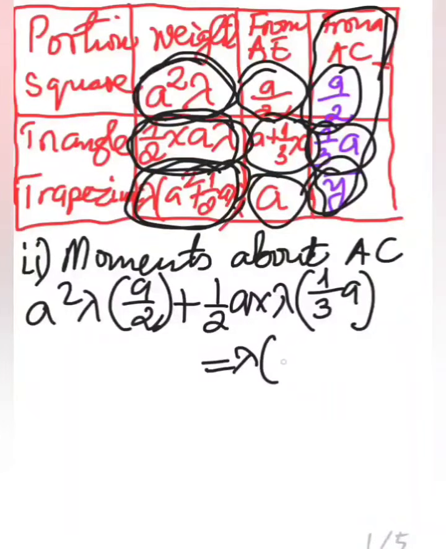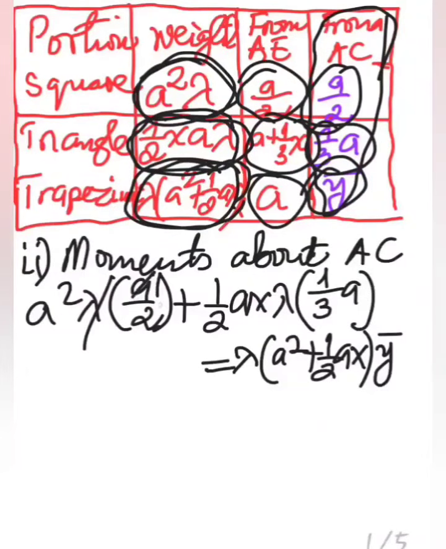So lambda into a squared plus half ax, the weight of the composite lamina, times the distance of the composite lamina from AC, which is denoted as y bar. We have lambda a to cancel in all the terms, so lambda cancels here, a cancels to give 1 at the numerator, lambda and a cancel from each of the terms in the bracket. So cancelling a in a squared, a will be left.